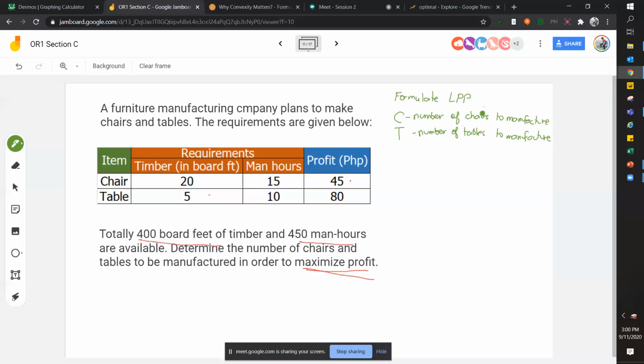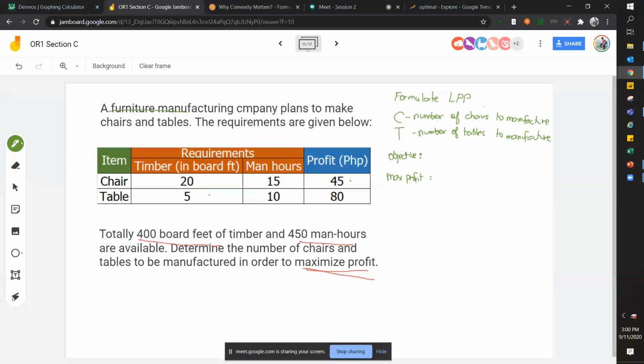Anong sunod natin? Objective. Anong objective natin? Anyone? Okay. Sige. So I have here max profit is equal to... siguro mas maganda kung kompletuhin ko muna yung table, ano?